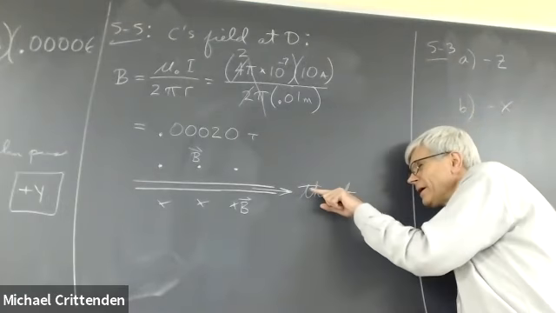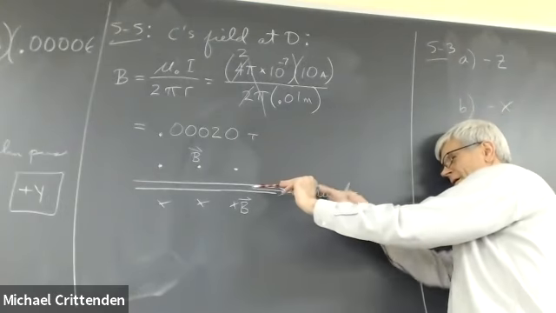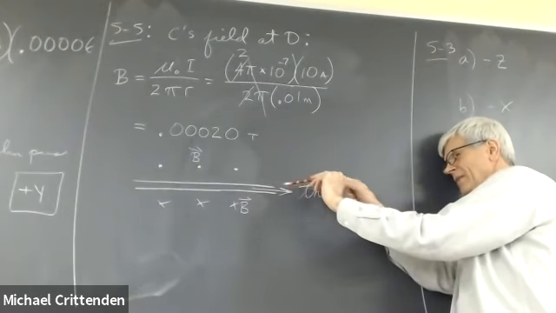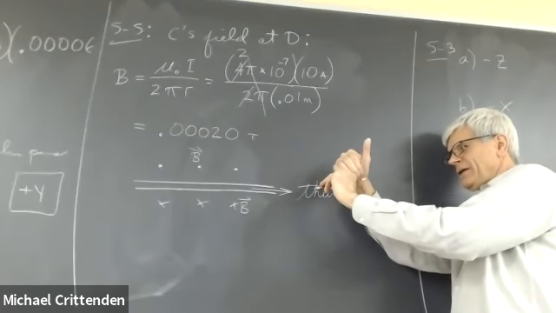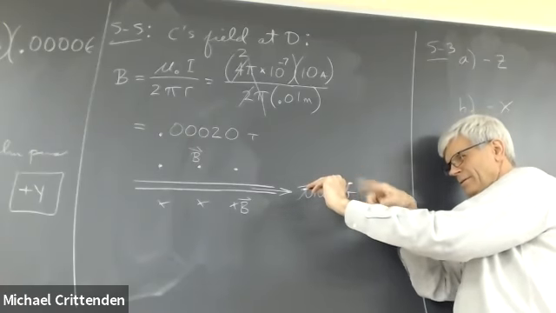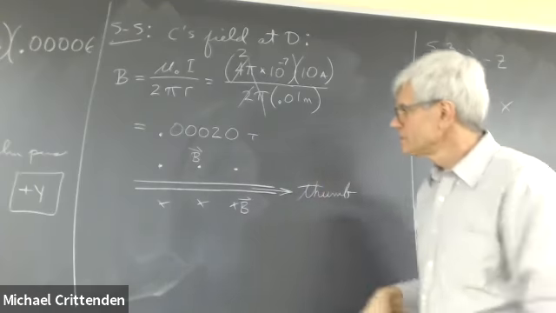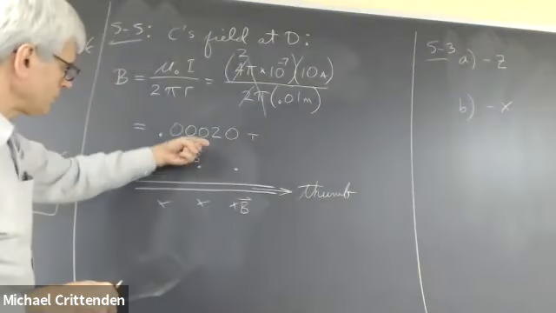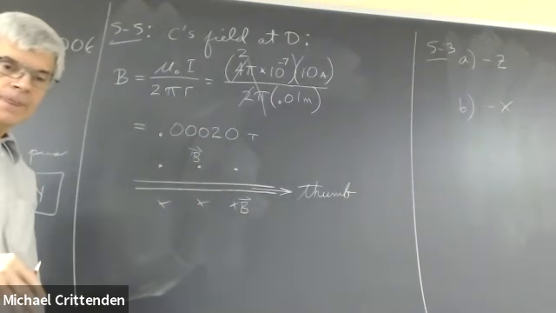If I was over here looking at this so the wire comes right straight toward me, I'd see the field lines circling around the wire in this angle. Seen from the side here, they kind of go like that, okay?